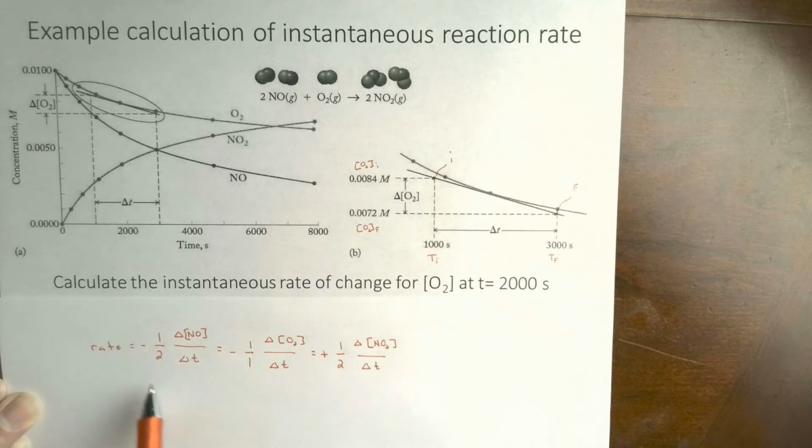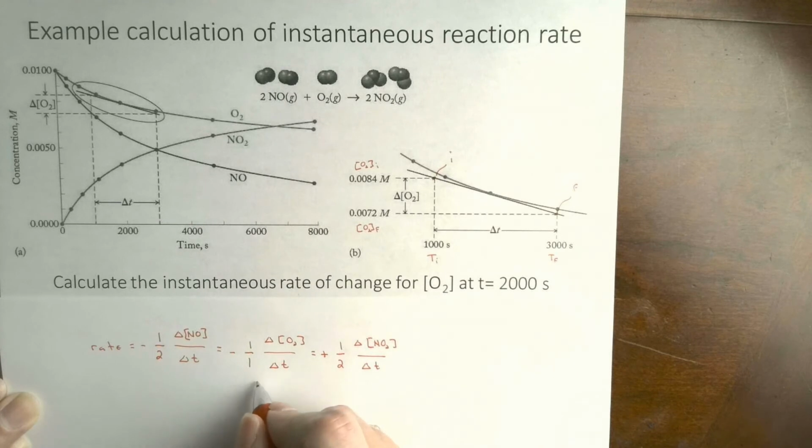All right, that rate as calculated based on the nitrogen monoxide, and that rate based on the oxygen, and that rate based on the nitrogen dioxide would all end up giving us an equal number, and all of them are going to be positive. Now, when we talk about instantaneous rate of change, we're talking about that part right there, only the change in oxygen over the change in time.